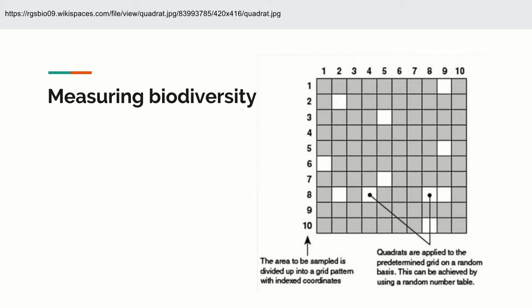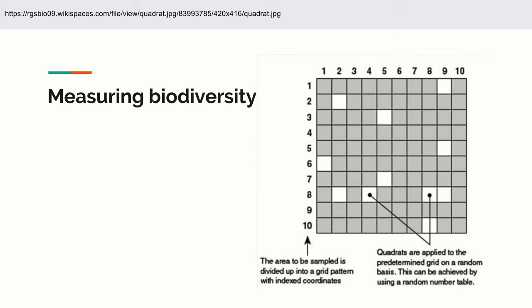So what typically you do is you set up a quadrant. Each one's typically like a meter in each dimension, so 10 meter by 10 meter. And we use statistics. We use randomness to pick which of those quadrants are we actually going to measure.